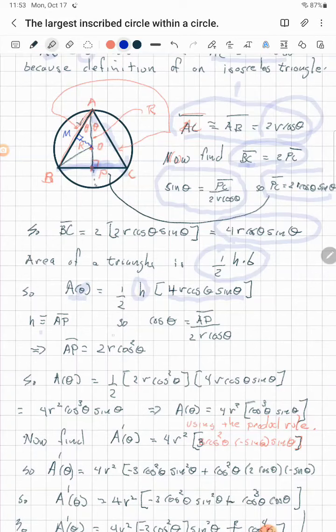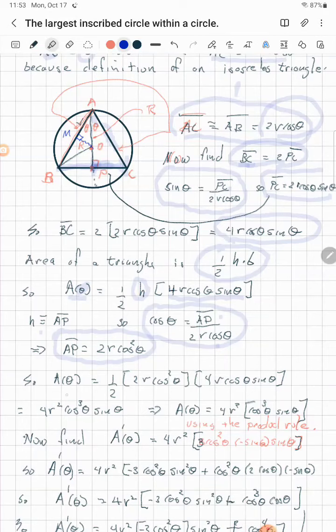So here I have the cosine of theta, the line segment AP divided by the hypotenuse. That's the definition of cosine. And if I solve for AP, I know what my height is. My height is going to be 2 times r cosine squared of theta.